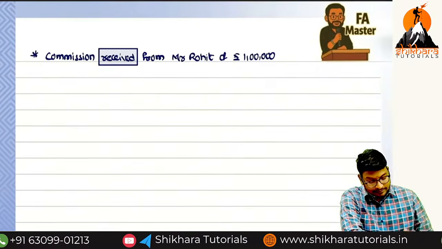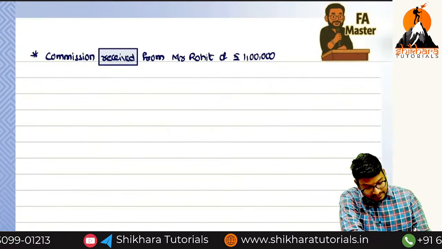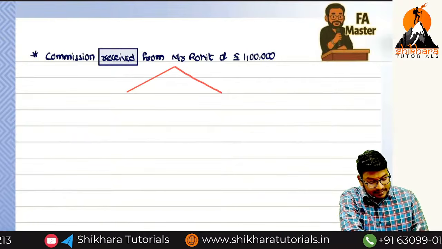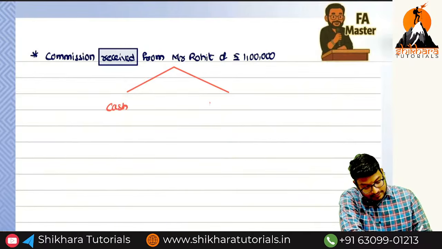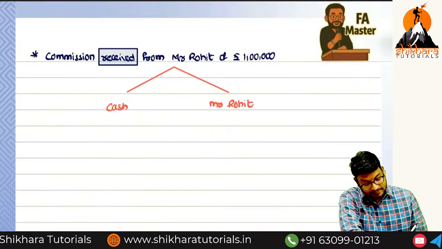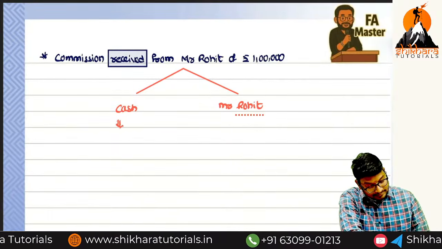Okay guys, what are the two outcomes that come into the picture because of this transaction? Mr. Rohit is giving cash to us. The two outcomes are cash and Mr. Rohit. Cash is an asset or a liability? Asset.